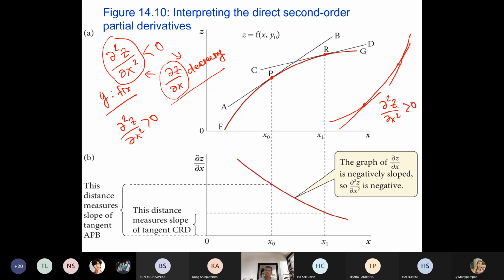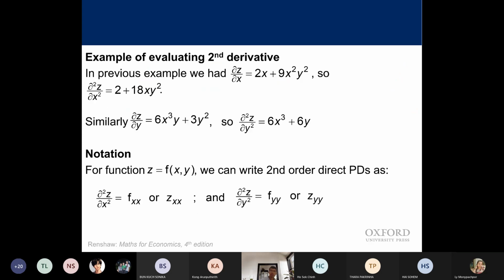The way we analyze the change in slope for a partial derivative in a special direction is the same as for a function with one variable. And the way to evaluate the second derivative is pretty simple. Again, you just apply the knowledge from the function with one variable.